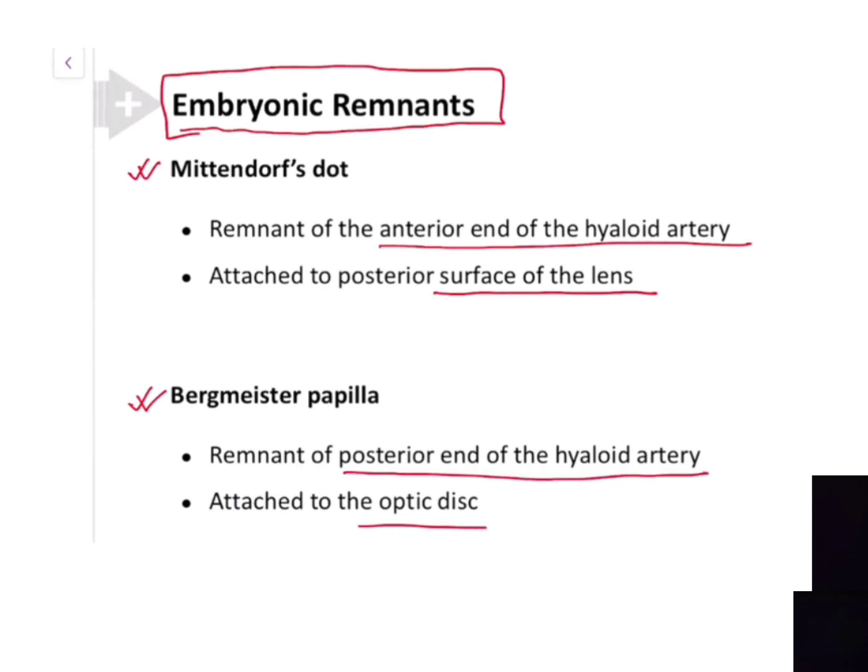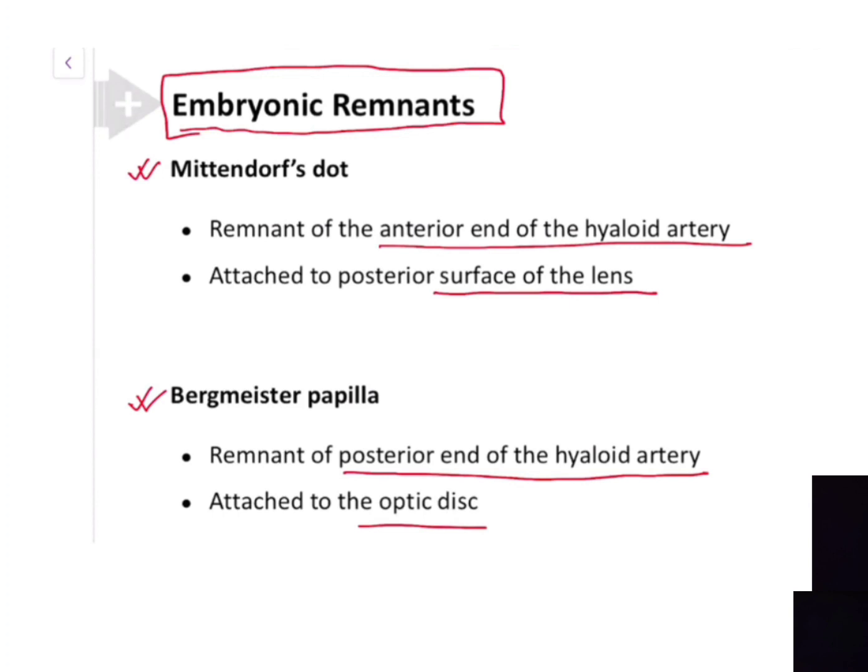So if the front part remains attached to the posterior surface of the lens, that is called as Mittendorf's dot. And if the posterior part of the hyaloid vasculature remains attached to the optic disc, that is called as your Bergmeister papilla. So these can also come as small clinical questions.